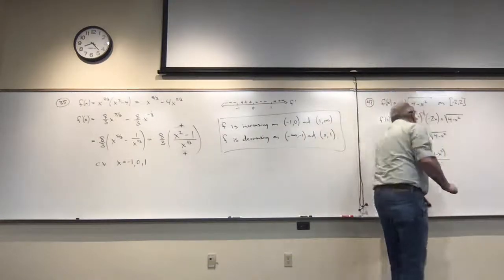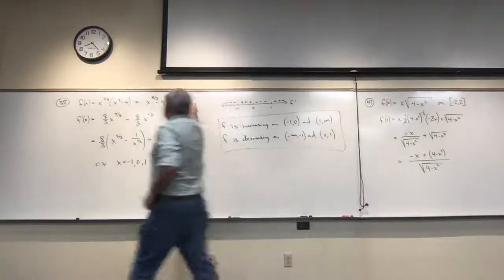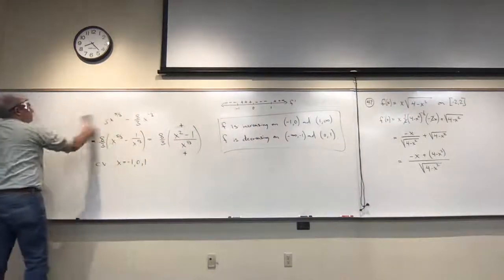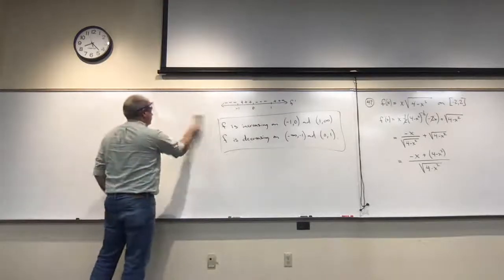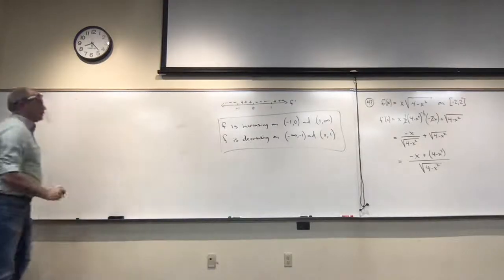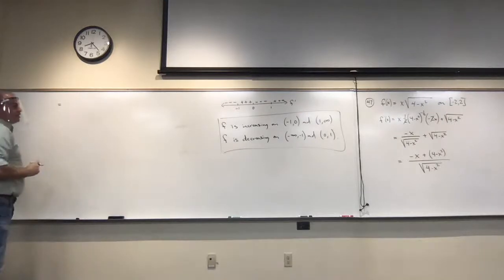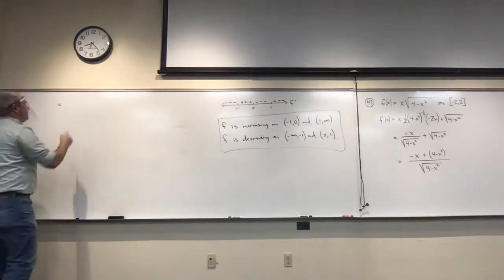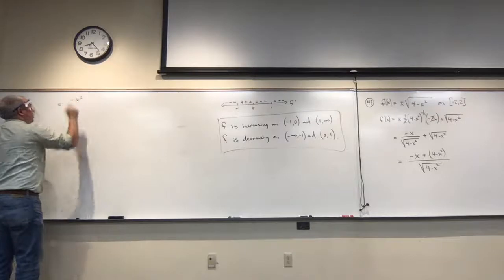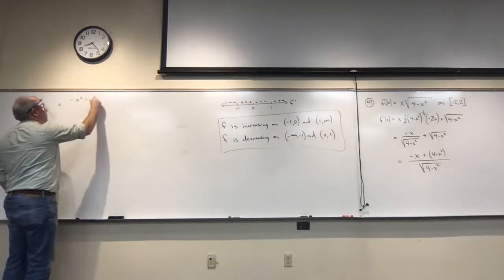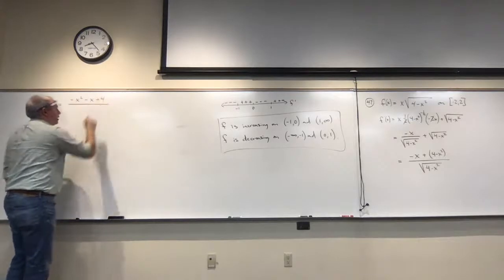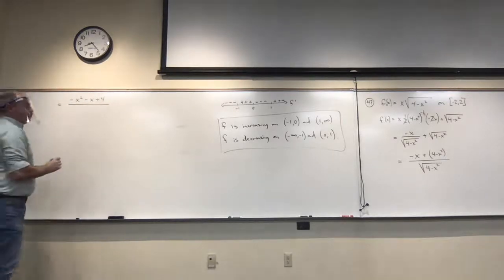We could simplify that even more. And we get, let's see, on the top I have negative x squared minus x plus 4. And on the bottom I have the square root of 4 minus x squared.